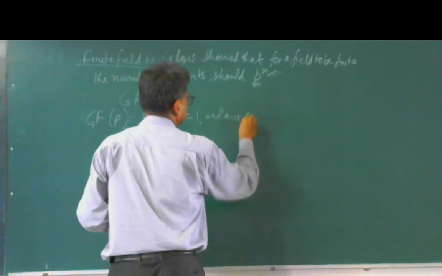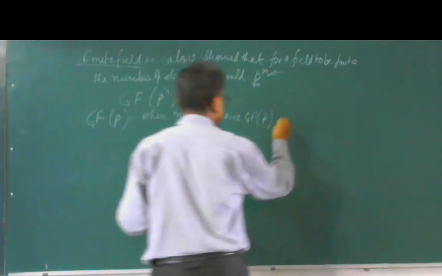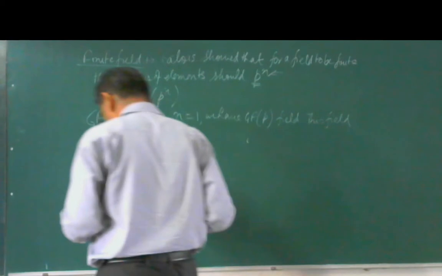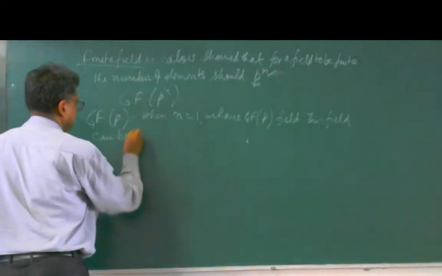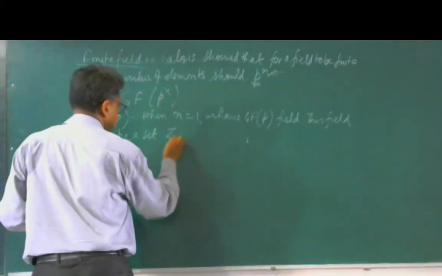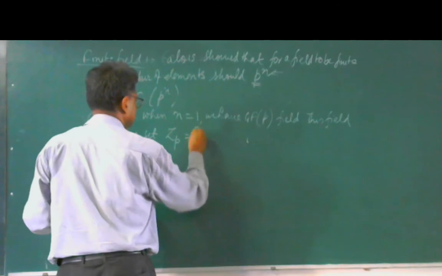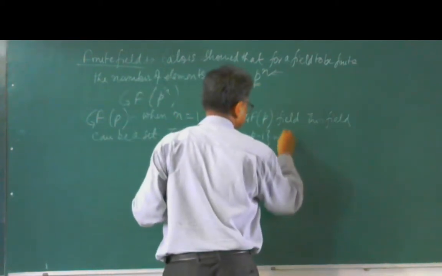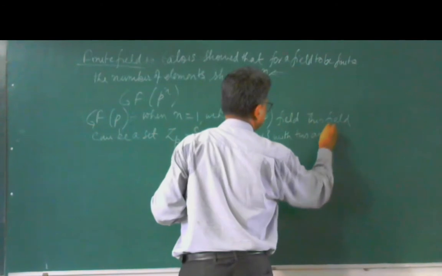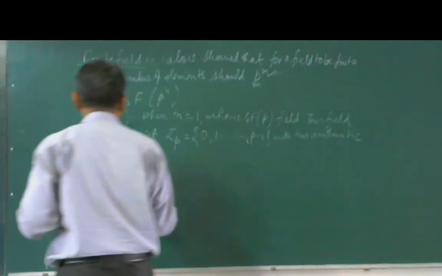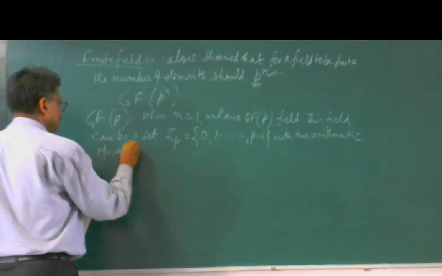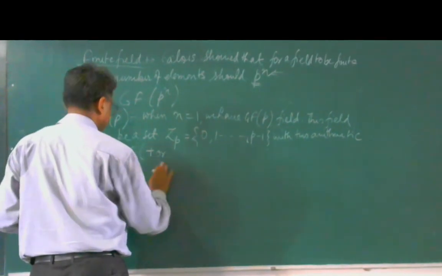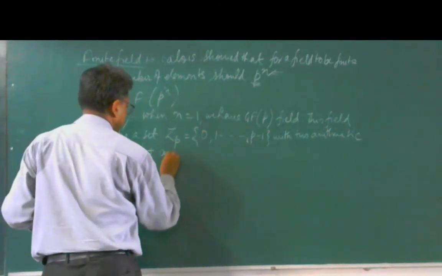We have the GF(p) field, and this field can be represented by a set Z_p, that is 0, 1 up to p minus 1, with two arithmetic operators, that is addition and multiplication.